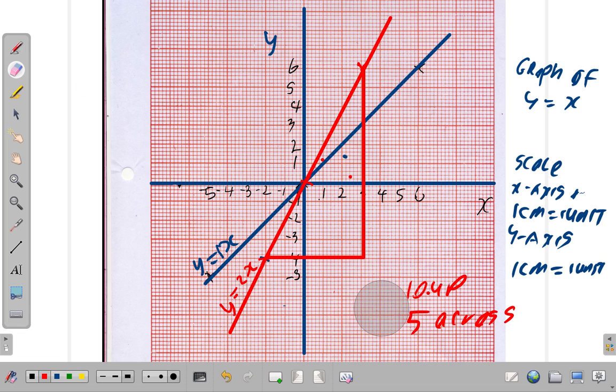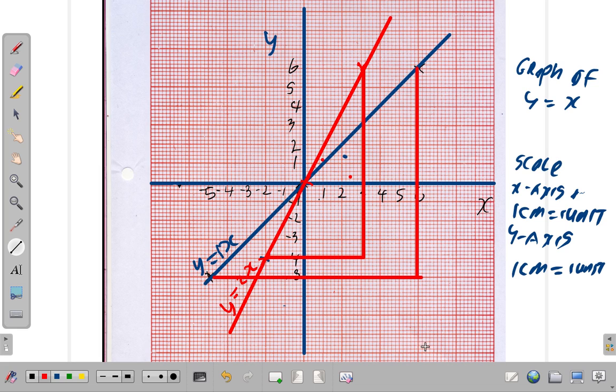Let's look at the other line. Suppose we have 2 points. We choose 2 points and we form a right angle triangle. Let's say we choose this point and we go down to here and we go across. So we choose 2 points on the line.